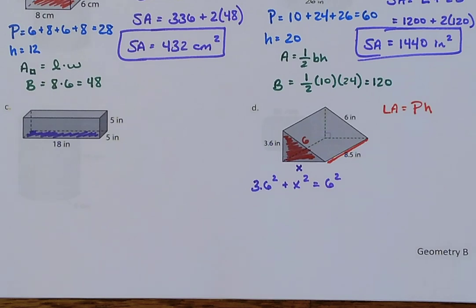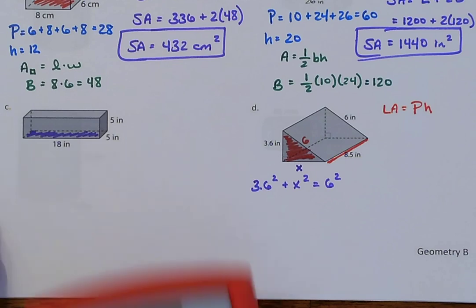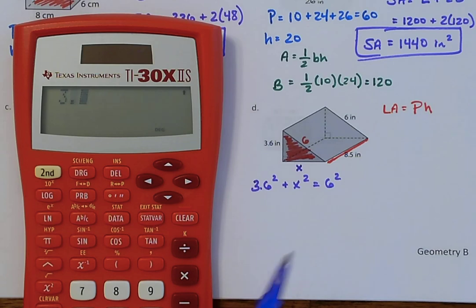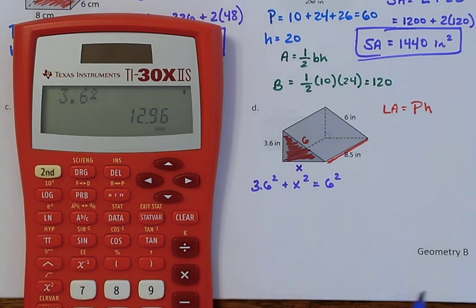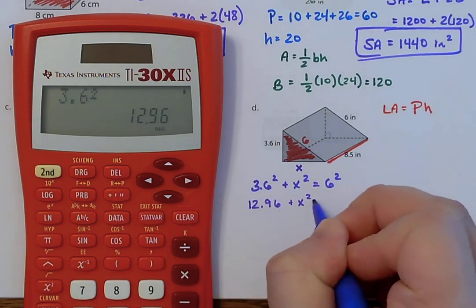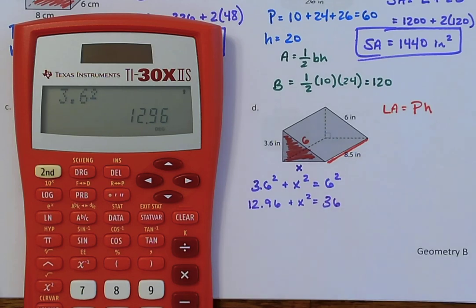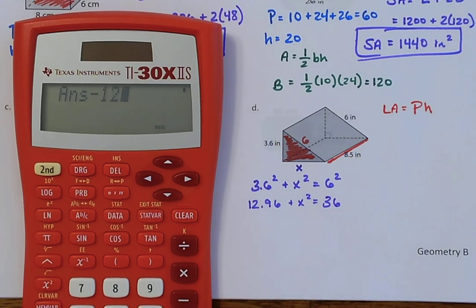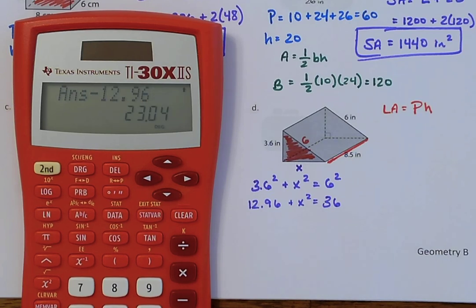So if we go through and figure out the value of x, we're going to do 3.6 to the power of 2, which gives us 12.96, plus x squared equals 36, because 6 to the power of 2 is 36. We're going to subtract this over, and we get 23.04.